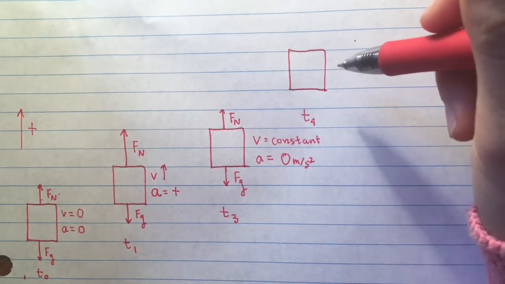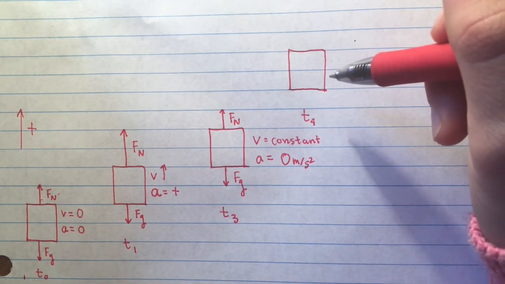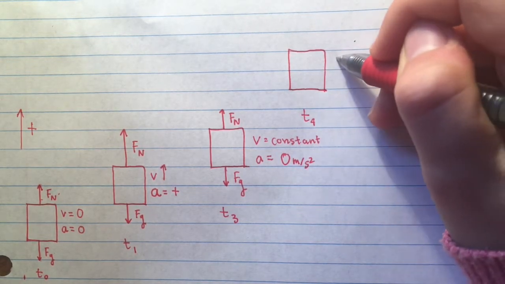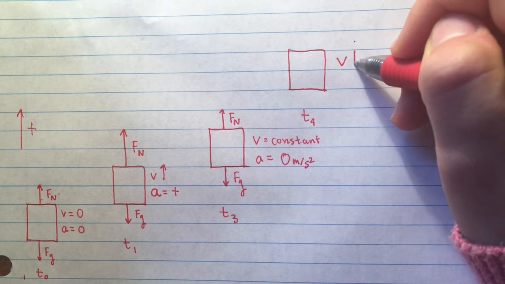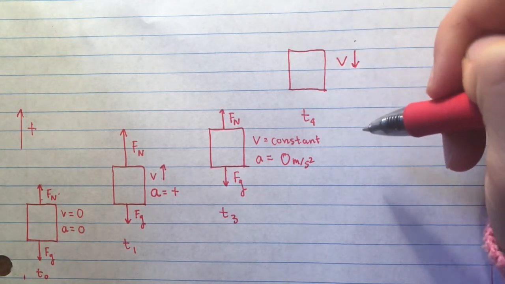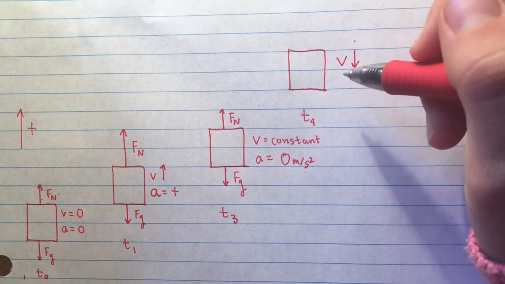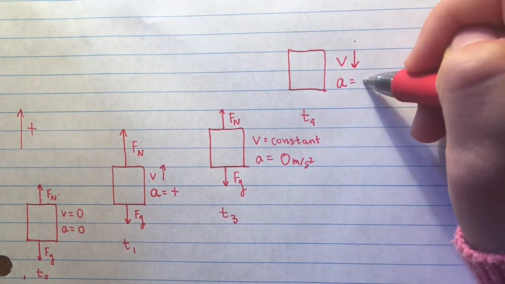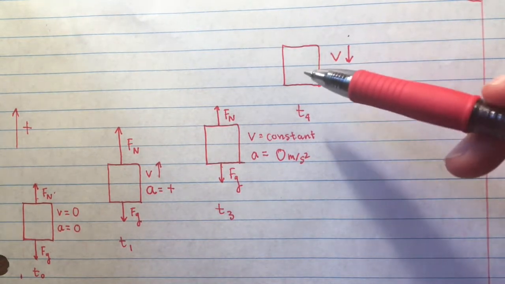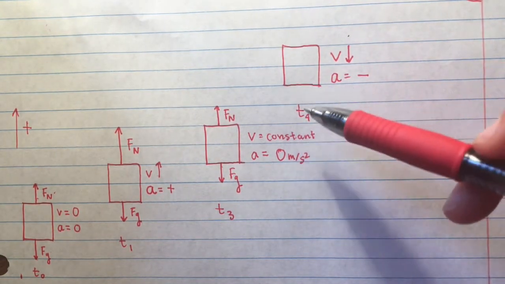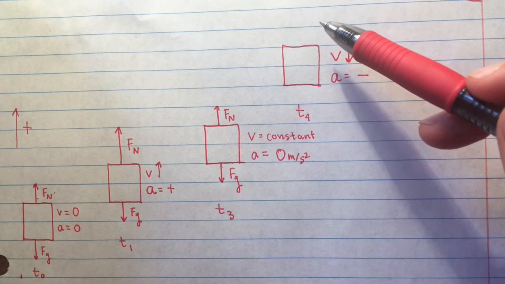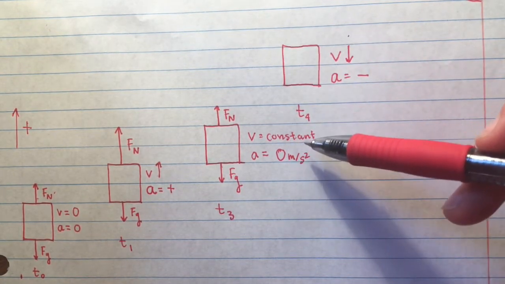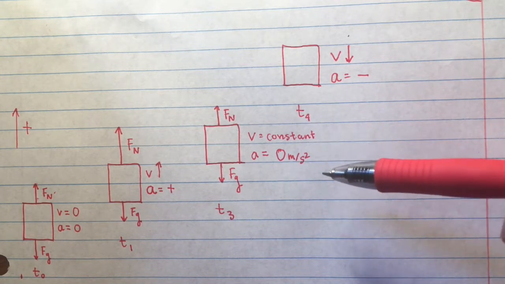At t4, the elevator is now going to slow down to a stop. So what that means is that the person inside the elevator, their speed is decreasing. It's going down because it's slowing down to a stop, which means that the acceleration is negative. So if the elevator was originally moving upwards, in order to slow it down, there must be a net force in the downwards direction to take away some of that speed.